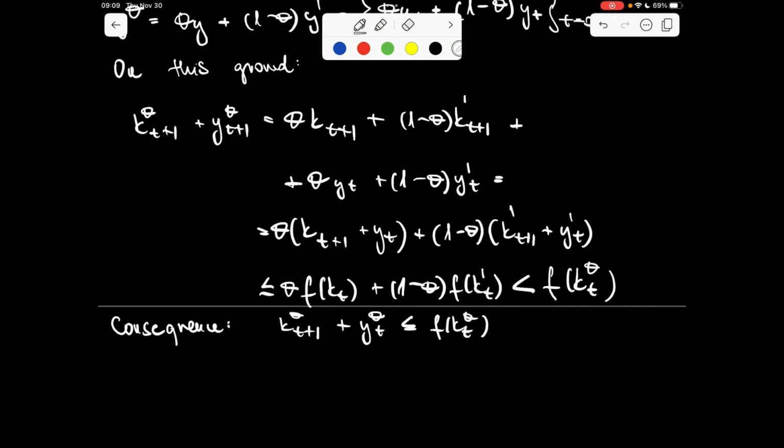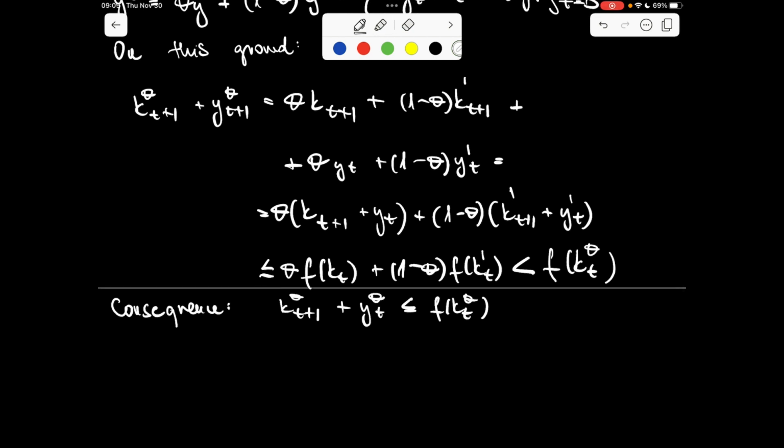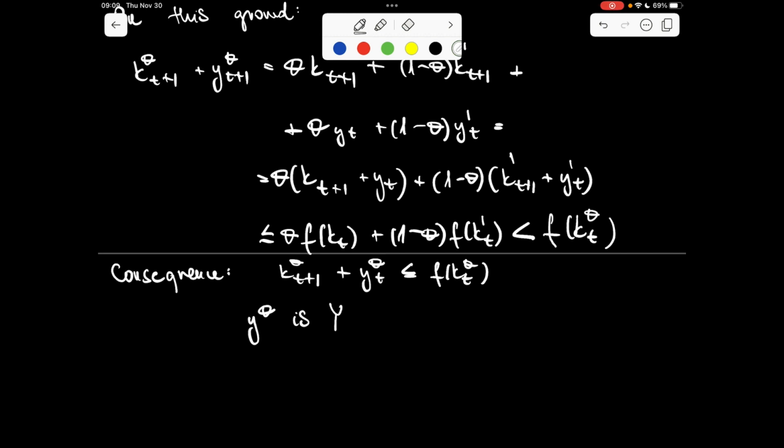So given that the convex combinations satisfy the inequality with which we define the production set, the convex combination is in the production set, so assumption 15.4 holds.